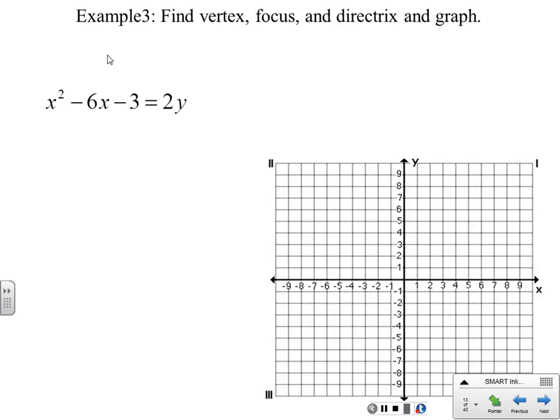Anything that has an X in it. So x squared needs to stay on the left-hand side. Minus 6x needs to stay on the left-hand side. But that 3 needs to go over here. Okay, now what?